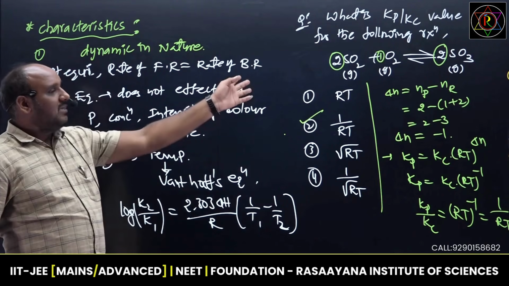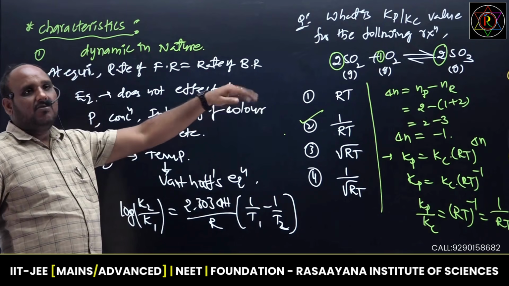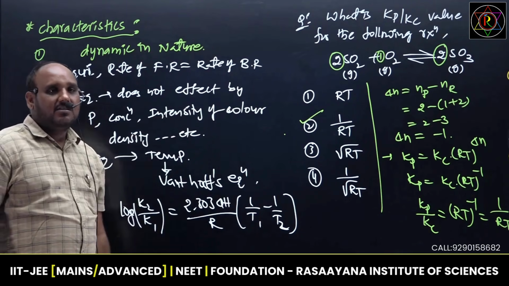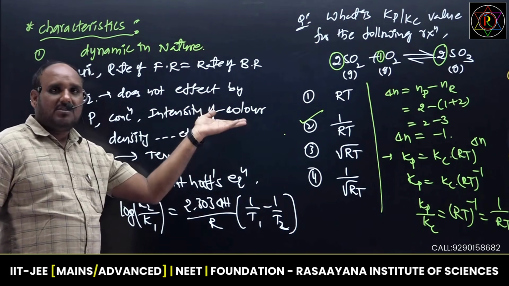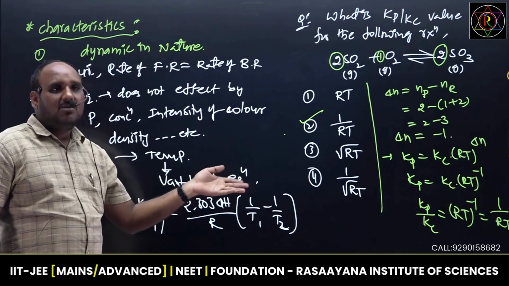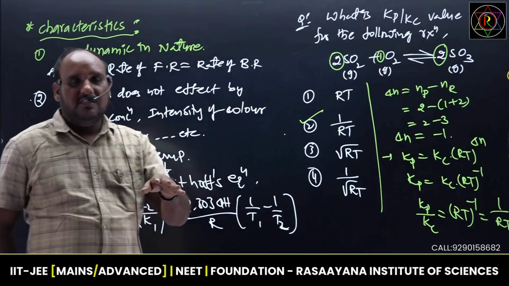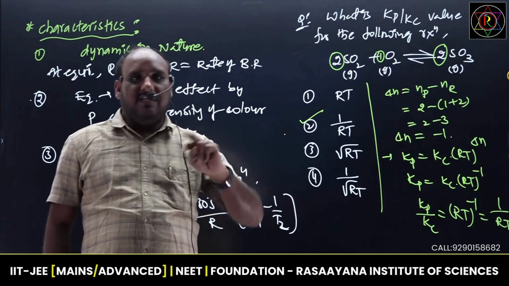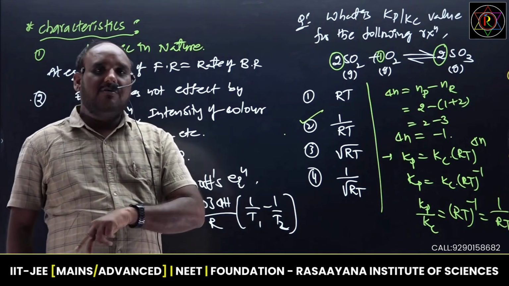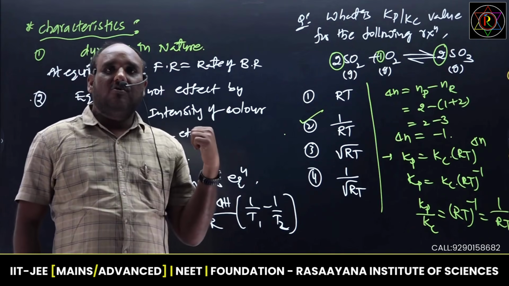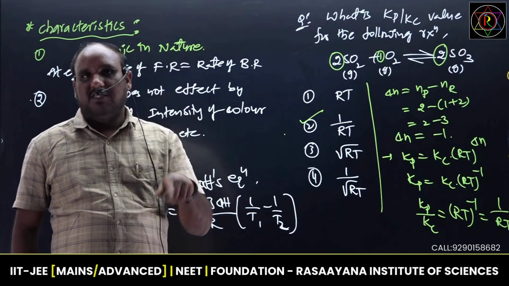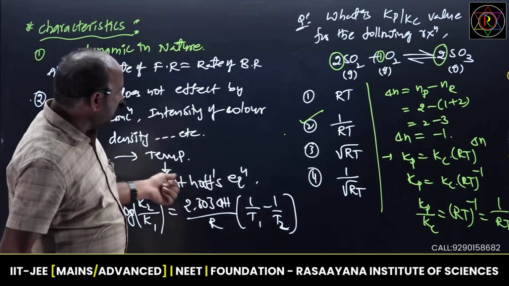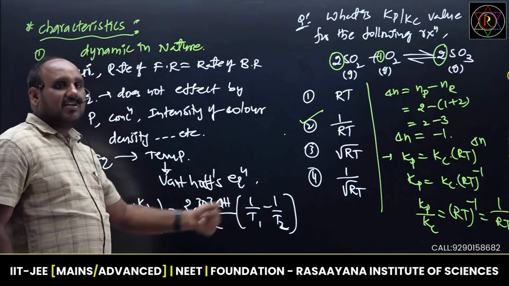In the synthesis of ammonia, some amount of heat is liberated, so that is an exothermic process. In other cases, in an endothermic process, we have to provide heat, and only then is the reaction carried out. Whether exothermic or endothermic, how the equilibrium constant varies with temperature has to be explained with the help of the Van 't Hoff equation.